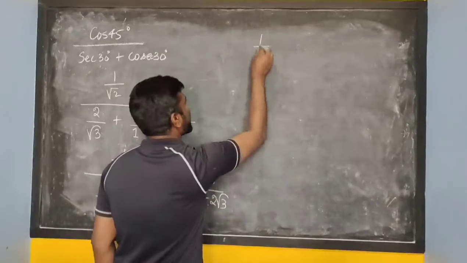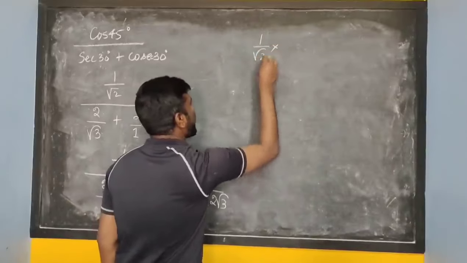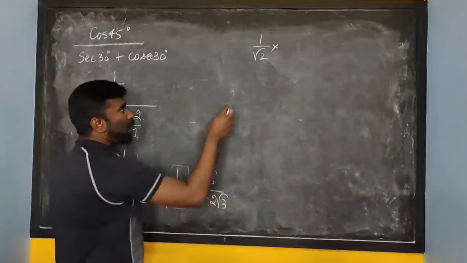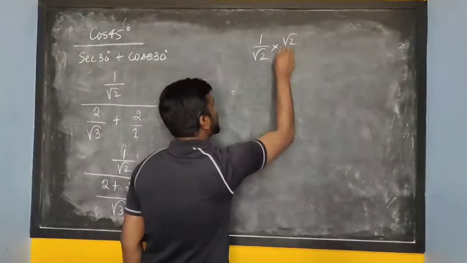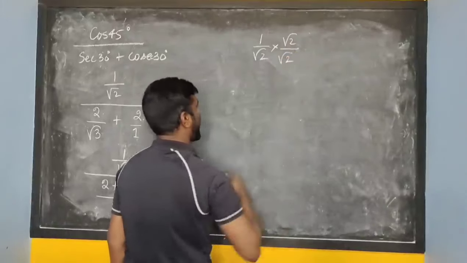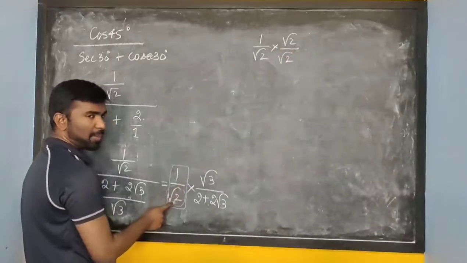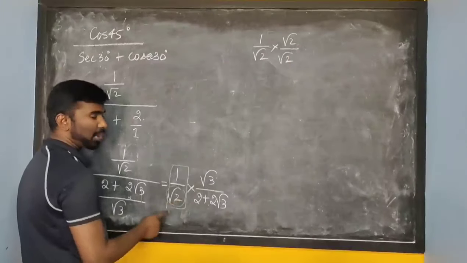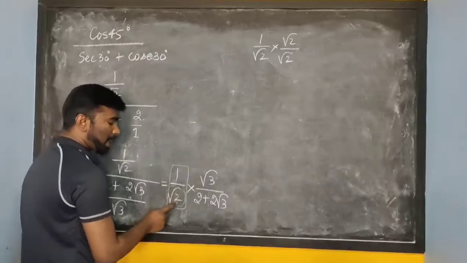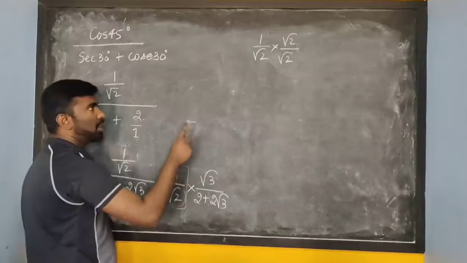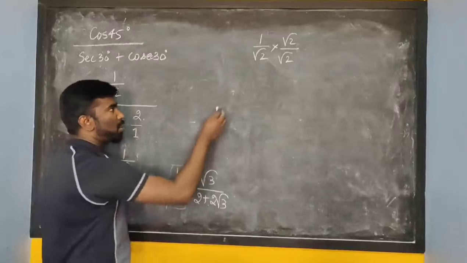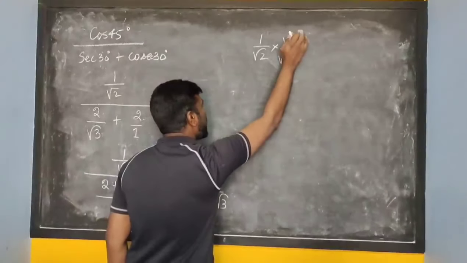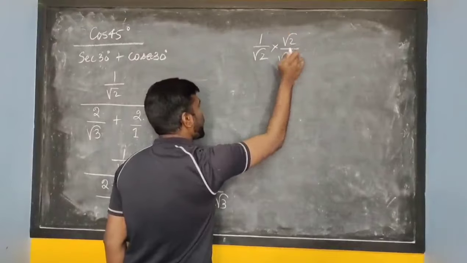That is, 1 by root 2: for a monomial, multiply and divide by root 2. To simplify the denominator, that is, converting the irrational number into a rational number, multiply and divide by the same number. That is 1 by root 2 into multiply and divide.